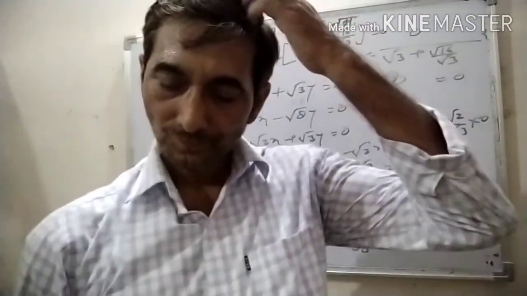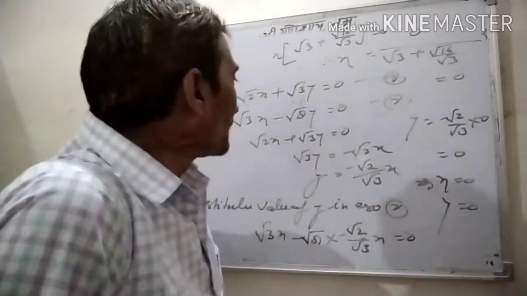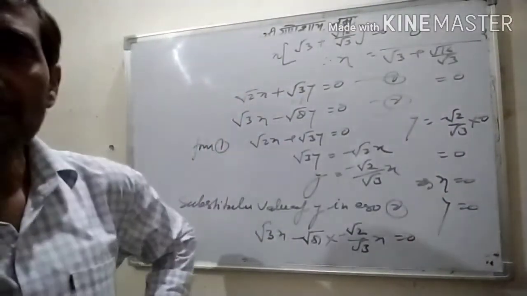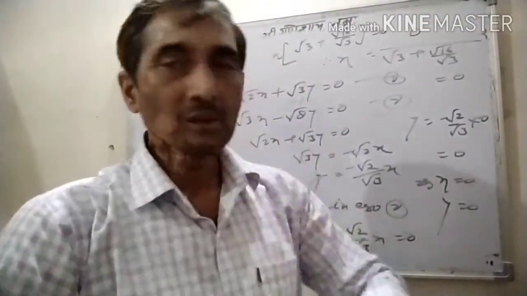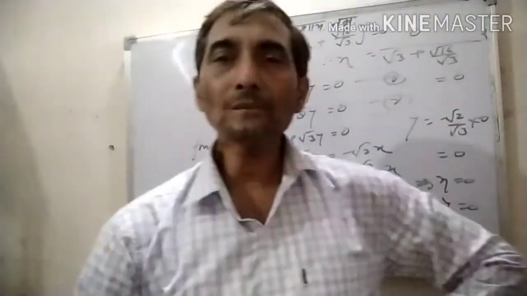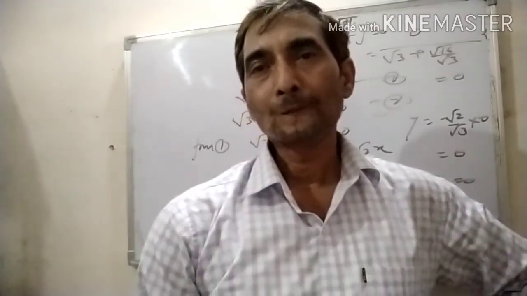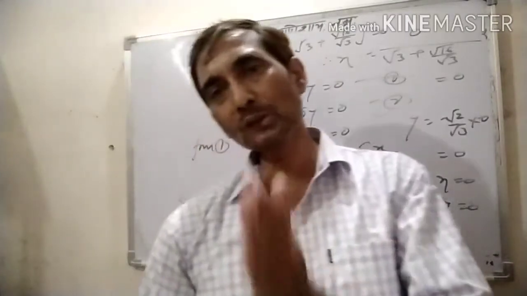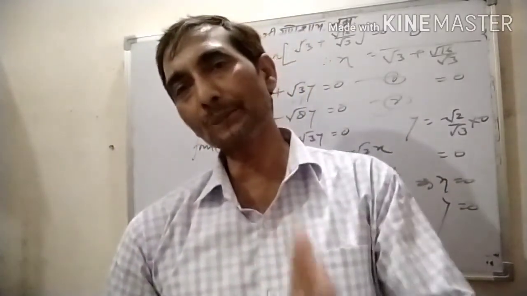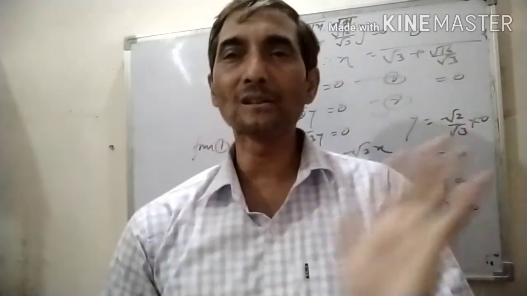Now you see how we can apply the substitution method in the process of solving linear equations. I repeat it. When we are going to solve the linear equation by substitution method, then from equation first or from equation second, you are free to select anything.